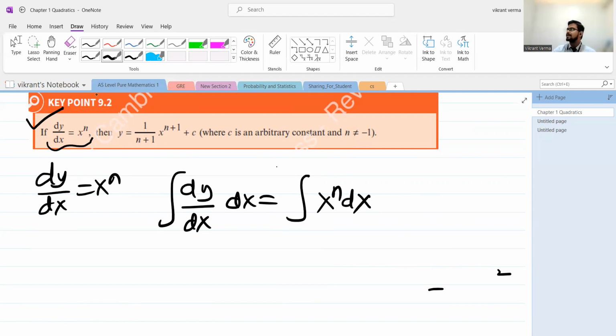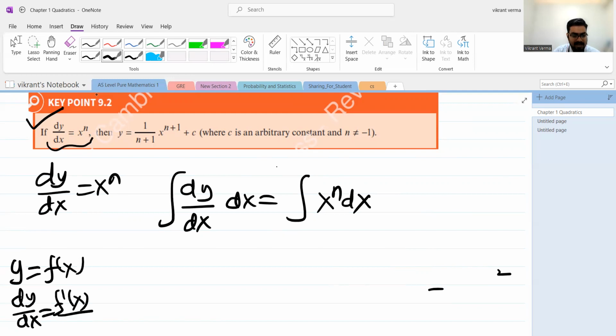Now maybe you will be asking why earlier we multiplied by dy, but now we are multiplying by dx. We are multiplying by dx because y was nothing but a function of x. So when you take the derivative dy by dx, this will be f dash x, and this f dash x will not be a function of y, but a function of x.